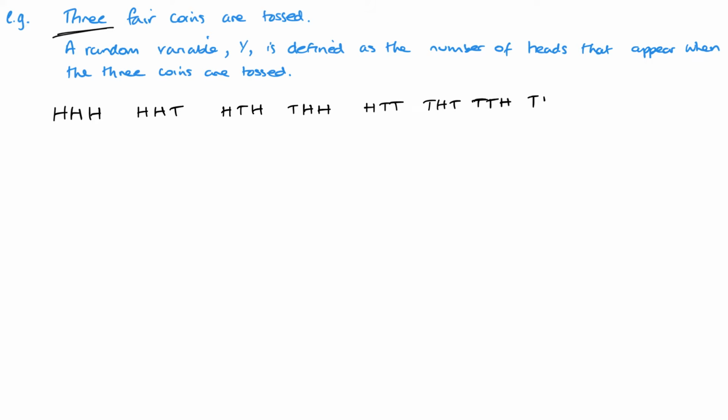And finally, 3 tails. So you can see here in total I've got 1, 2, 3, 4, 5, 6, 7, 8 possible outcomes.